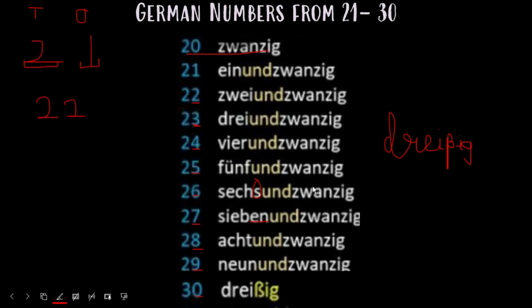So 30 is dreißig. So see, the counting rule in German is pretty simple. You just have to memorize from 11 to 20, and the numbers 30, 40, 50, 60 till 100. You have to memorize what we call them, and this rule. Now this will make counting in German a piece of cake for you. This rule will be applied to other numbers.